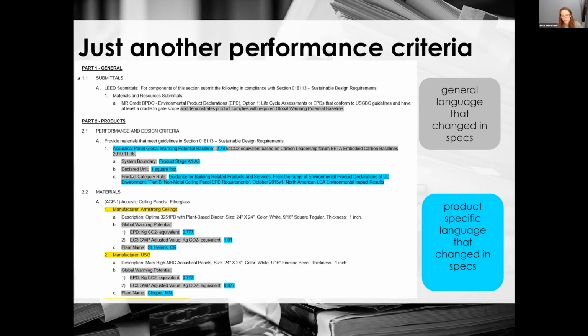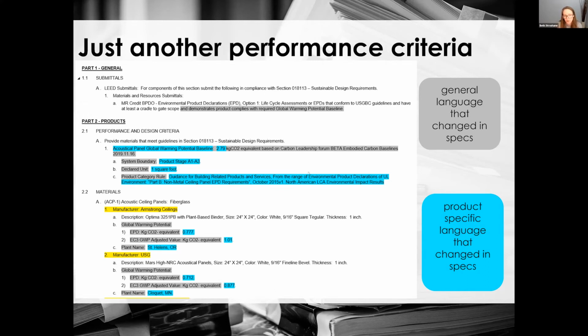Product category rules are one of the little known things, or often not known things, about environmental product declarations. And it's important to have consistent product category rules or your scores are not comparable. Just like you wouldn't be able to compare two things if one was in square feet and one was in square meters, one would appear less even though it's not.